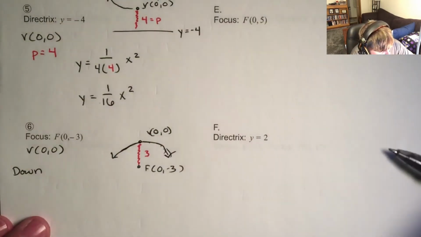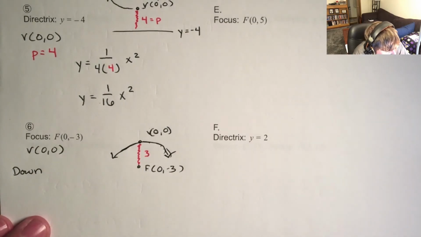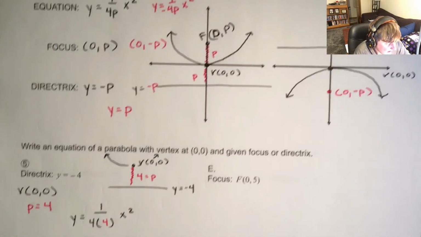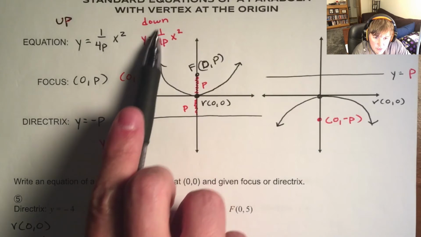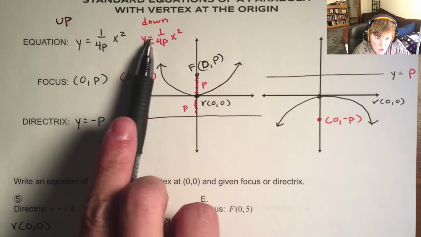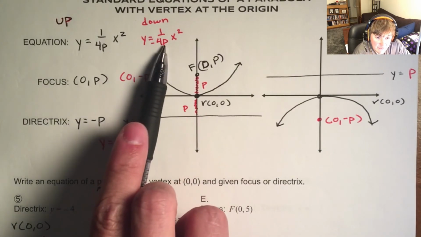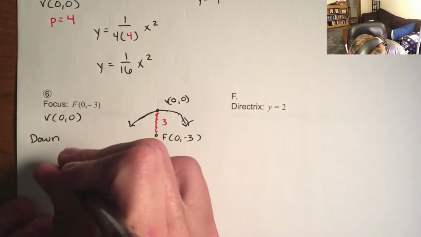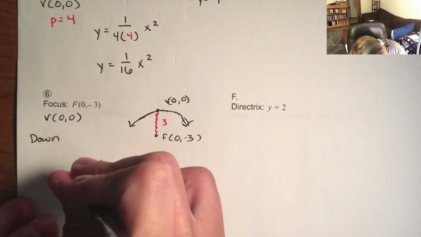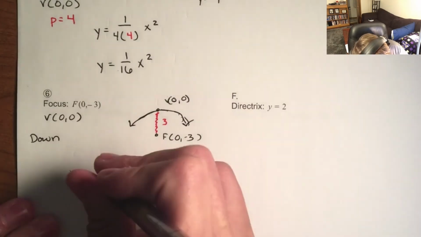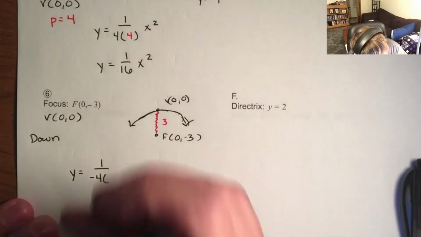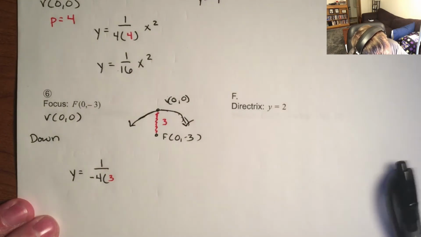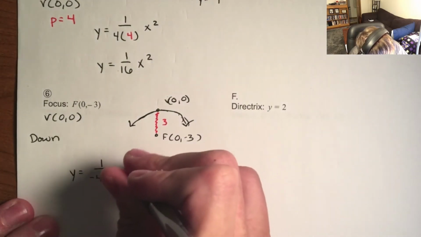Since it's 3 units away, the only difference is I have to use a different formula because it's opening downward. So it's y is equal to 1 over -4p x squared. This is going to be y is equal to 1 over -4 times 3, x squared.